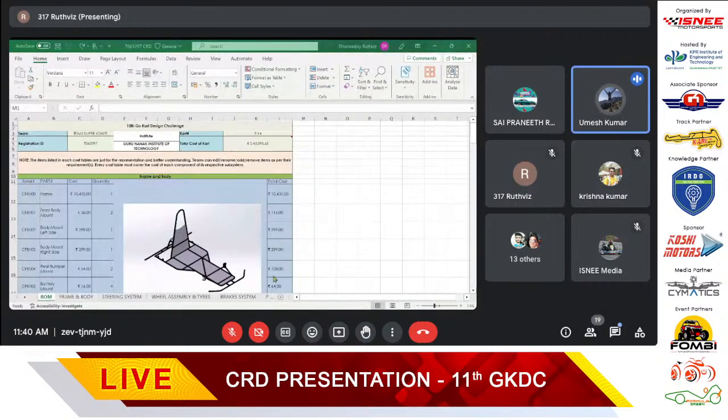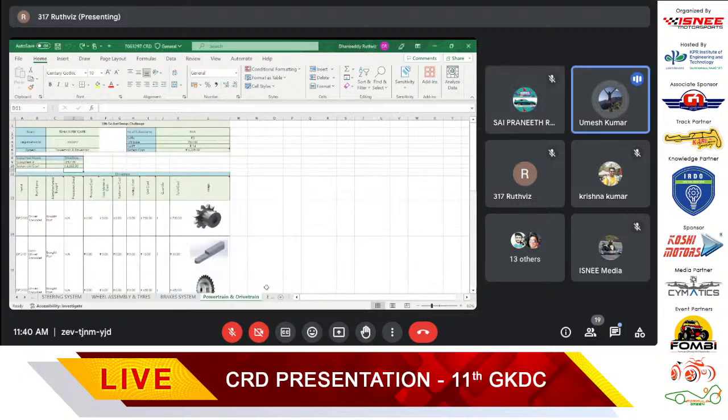Sir, we are of both teams, sir. No, no, both categories. Sir, today is our electrical cart's CRD, sir. E14. Okay, so this is the electrical vehicle. So go to motor and drivetrain. Yes, sir.